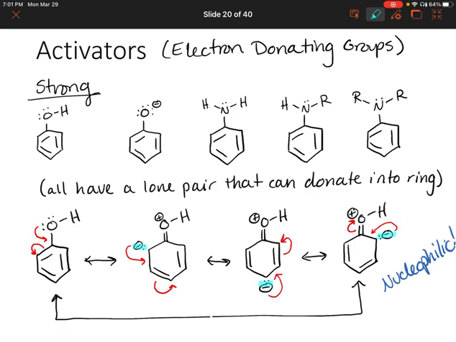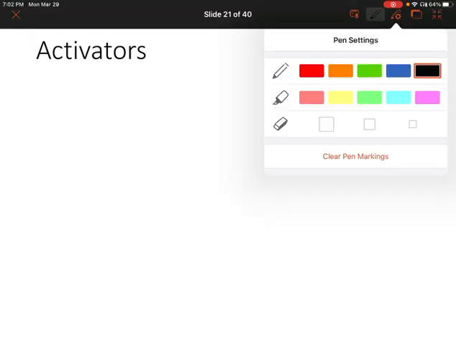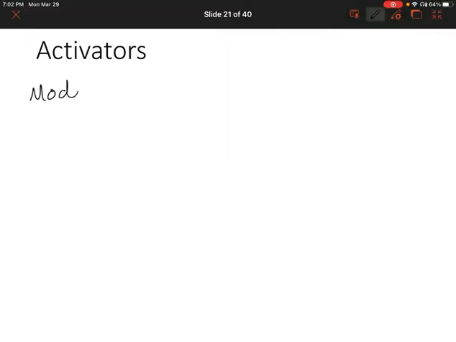Now let's look at some moderate activators. So these are not quite as strong. So moderate activators would be, for instance, an ether. We could have an ester.